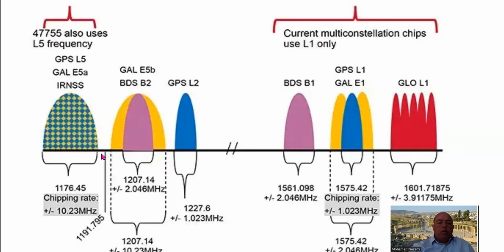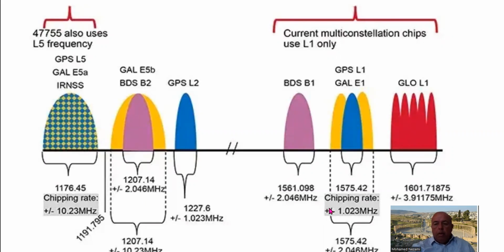That's another concern, that you want to make sure that the bandwidths are all correct when you choose these filters. And most notably, of course, like I told you at the beginning, the L5 is relatively wideband. It's plus or minus 10.23 megahertz, so that's a 20 megahertz channel, which is a significant increase over the original ones, which were just a few megahertz.